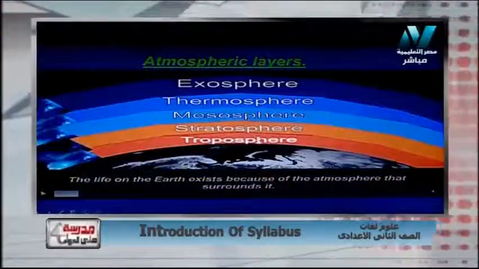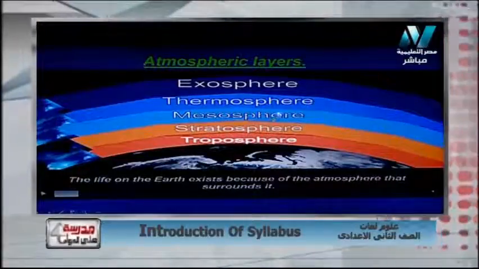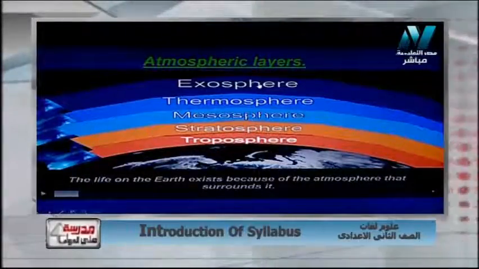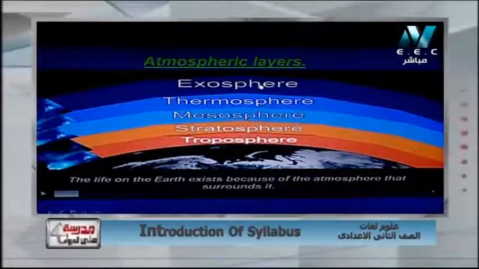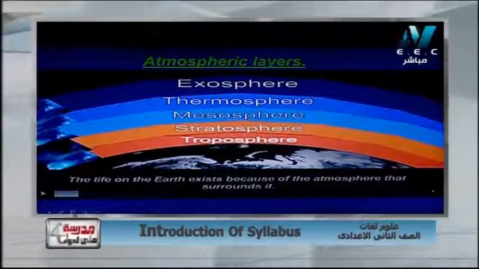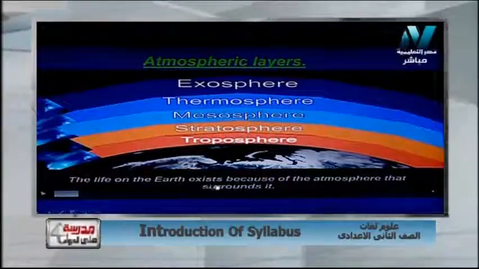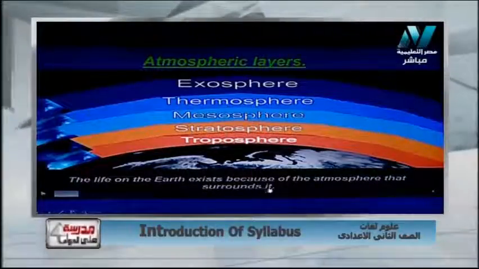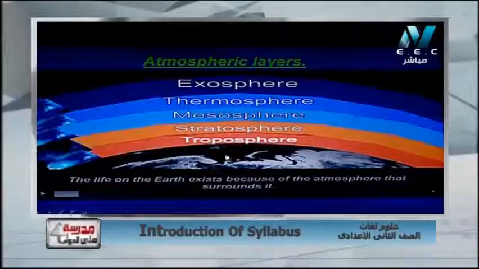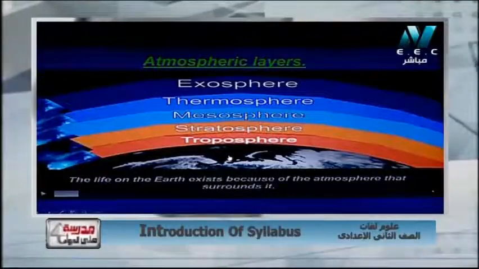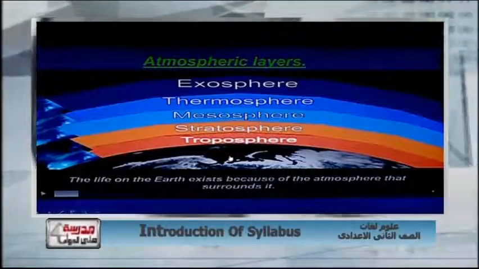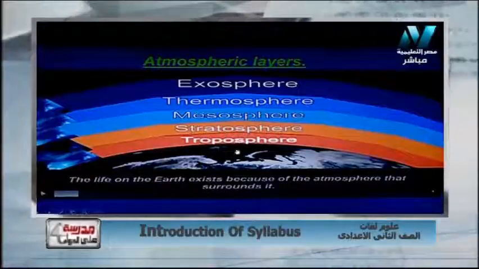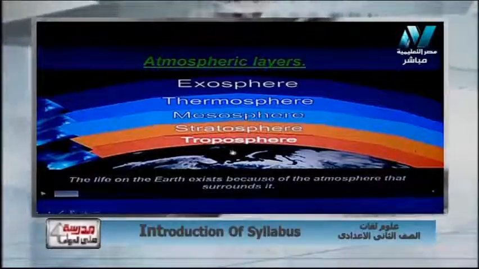As we have here زي ما احنا شايفين قدامنا نشوفها كده مع بعض تاني. We have troposphere, stratosphere, mesosphere, thermosphere and exosphere. 4 طبقات للغلاف الجوي. طبعا our life on earth exists because of the atmosphere that surrounds it. طبعا في حياة على كوكب الأرض due to the existence of atmospheric layers or atmospheric envelope في غلاف جوي.